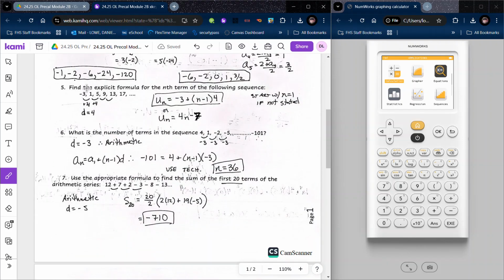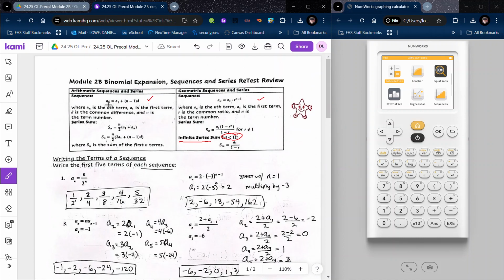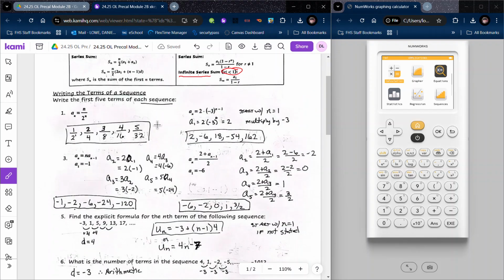Continuing, we want to find the explicit formula for the nth term of the following sequence. If we look at this sequence, we can see that we have a common difference of 4, so we're adding 4 each time. We have this arithmetic sequence. I can use my formula for an arithmetic sequence: a sub n is the first term plus n minus 1 times the difference.